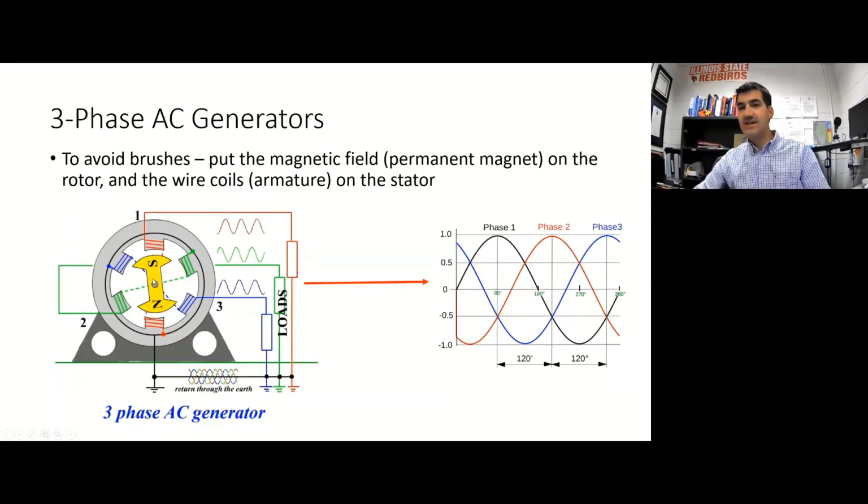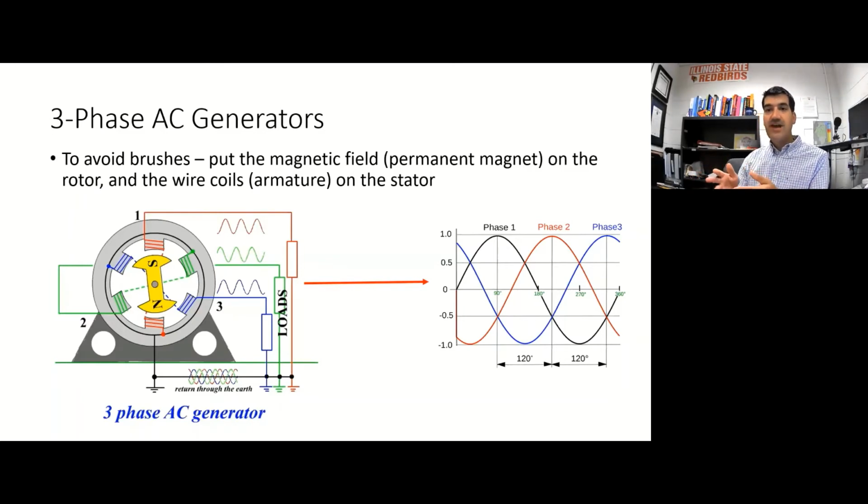And so what's actually fairly common is to use a design where you have the magnetic field on the rotor, but you use an electromagnet for the magnetic field on the rotor. If you use an electromagnet, then you're going to provide that electricity for the electromagnet. And so you actually end up going back to using slip rings and brushes.